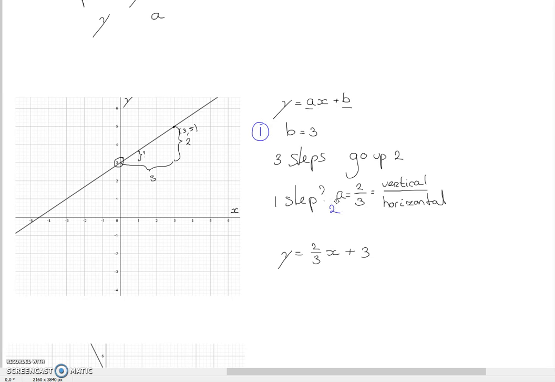Then you figure out a by finding 2 points and dividing the vertical difference with the horizontal difference. And thirdly, and that is really the easiest step if you have 1 and 2, but is often forgotten, write down the formula.